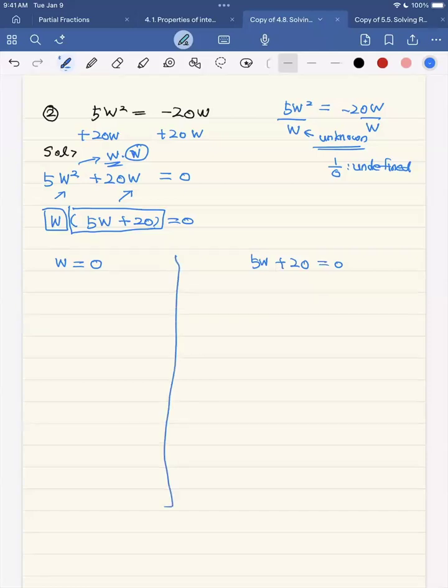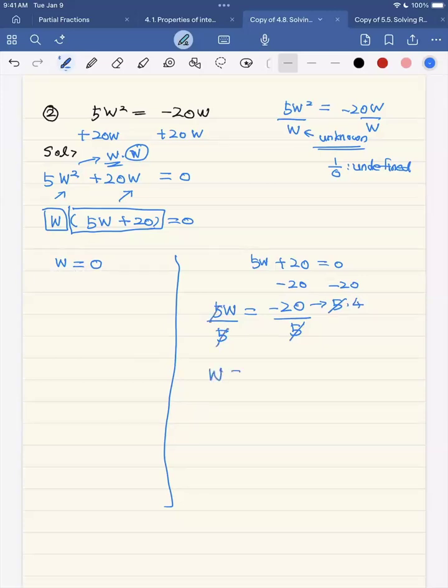Let's solve the equation on the right side. We subtract 20 on both sides. Then we have 5W equals minus 20. And then we divide by 5 on both sides. 20 is 5 times 4, so these two will cancel each other.